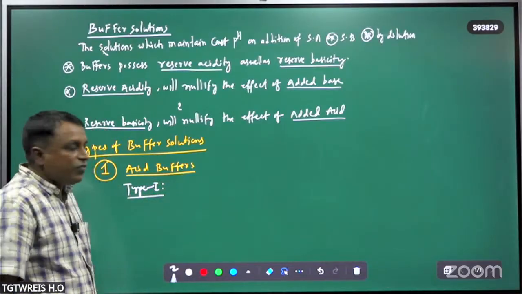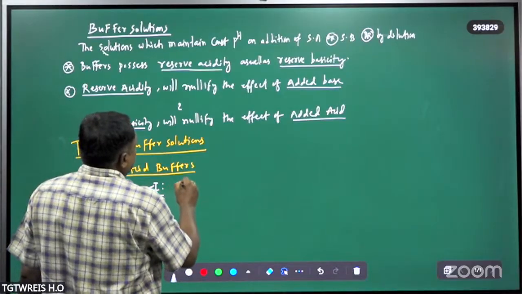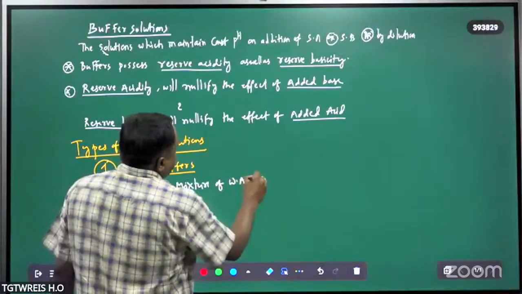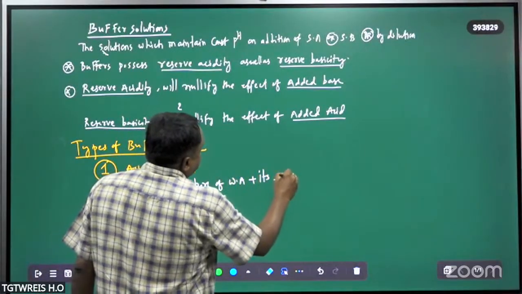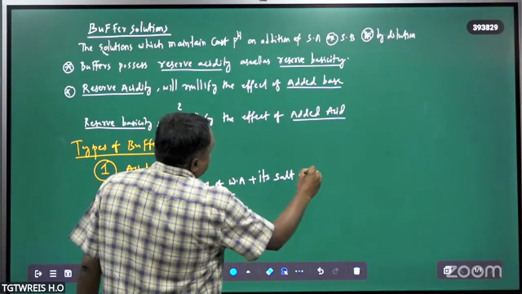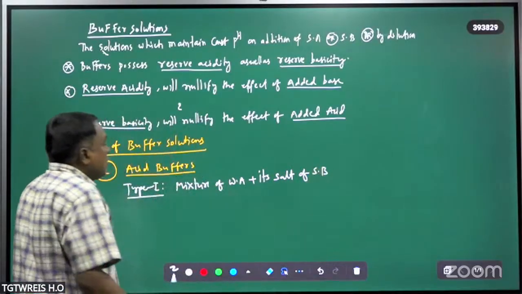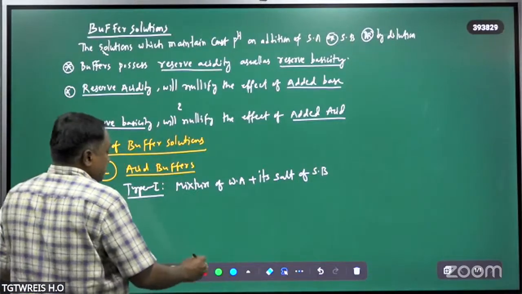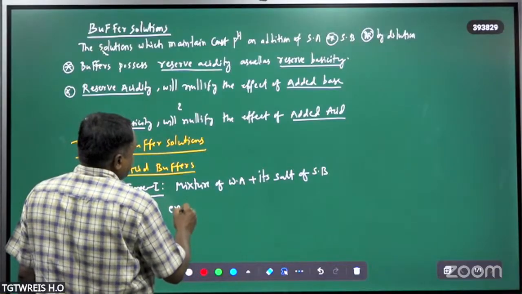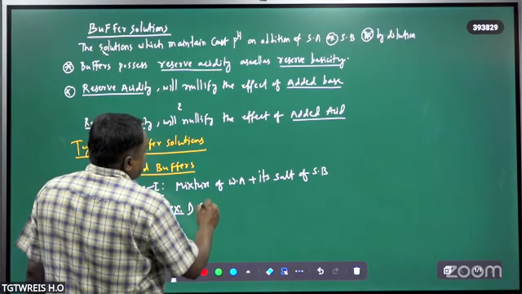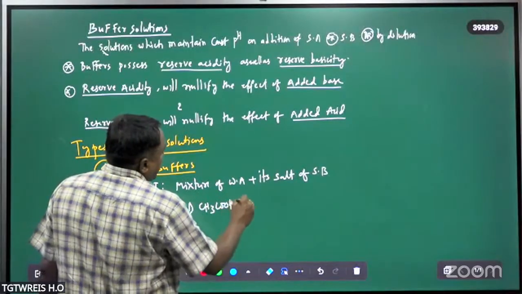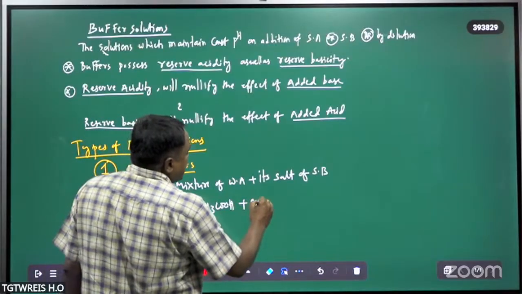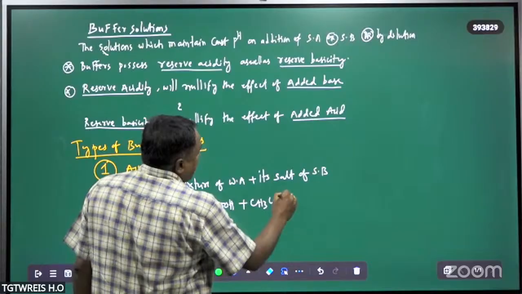Type 1 acid buffers are a mixture of weak acid and its salt of strong base. For example, acetic acid is the weak acid and its conjugate is CH3COO minus Na.